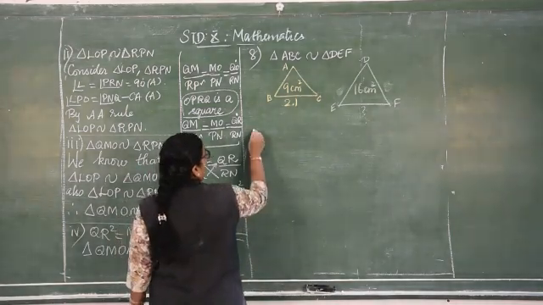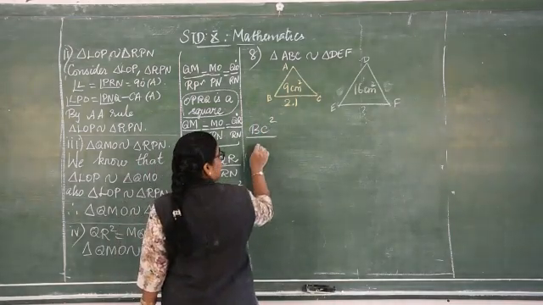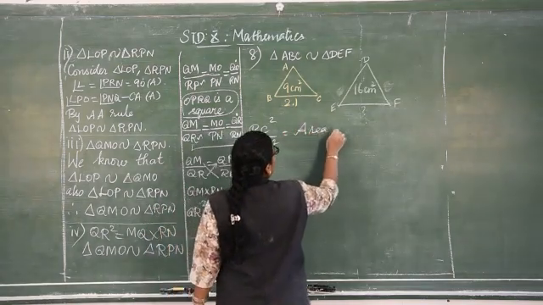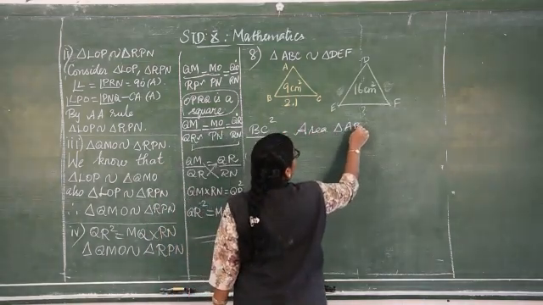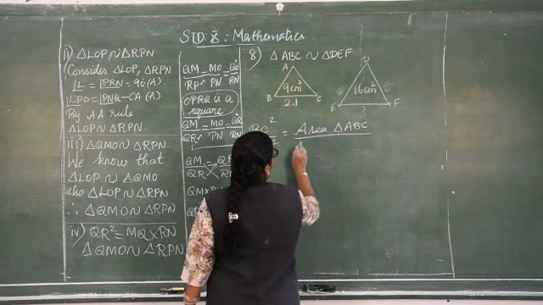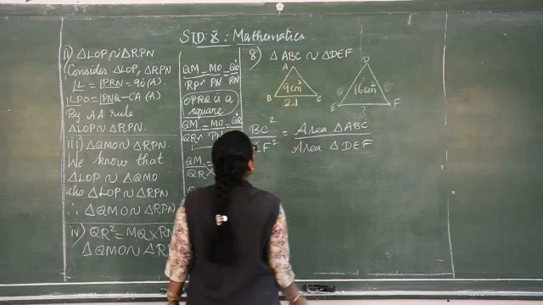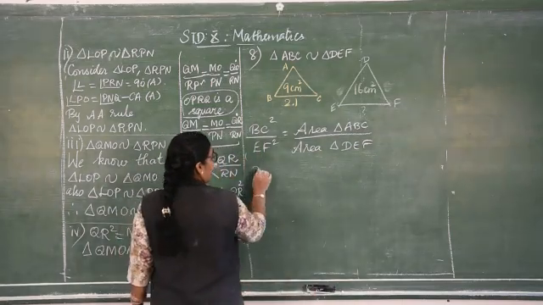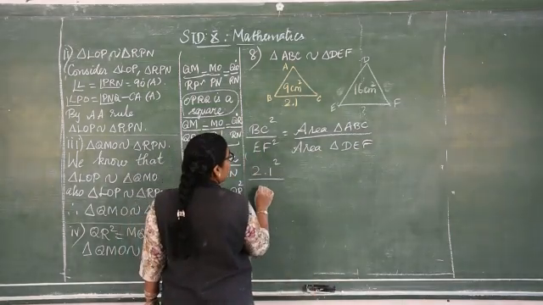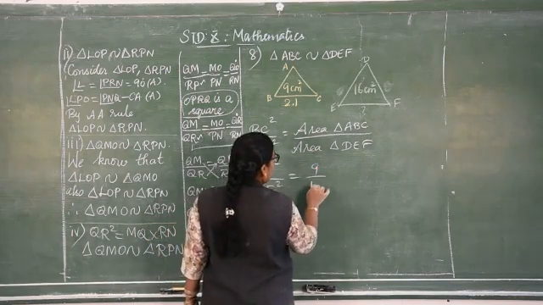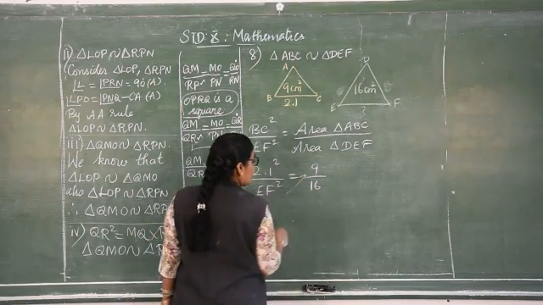Now we know that BC square by EF square is equal to area of triangle ABC by area of triangle DEF. So BC square is 2.1 square by EF square is equal to 9 by 16. So cross multiply this one.